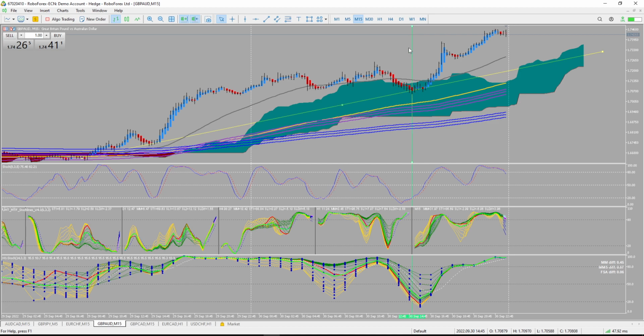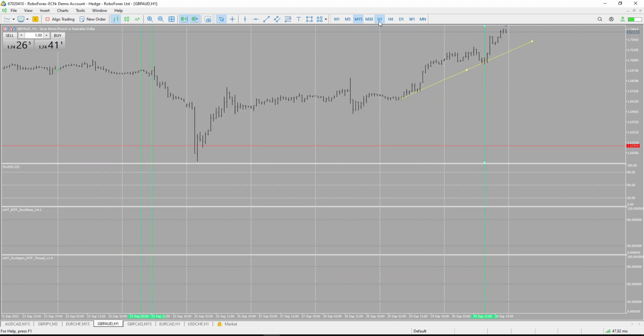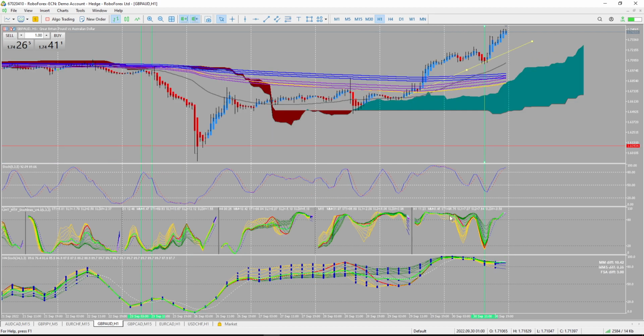So this blue dots is where the candle on this time frame closed. So H1 closed here, right? I'll move to H1, and you can see, look where H4 was, overbought.